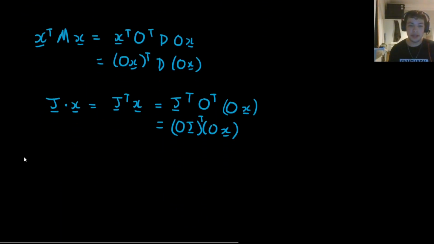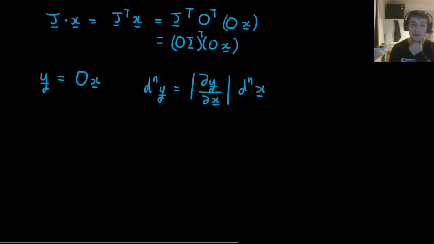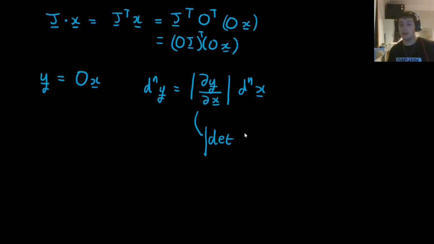Now what we're going to do is change variables. We're going to say that y is equal to Ox. Now we're going to do some multivariable calculus and say that d^n y is equal to the Jacobian dy/dx of d^n x. But this is very easy. This is the modulus of the determinant of dyi by dxj.